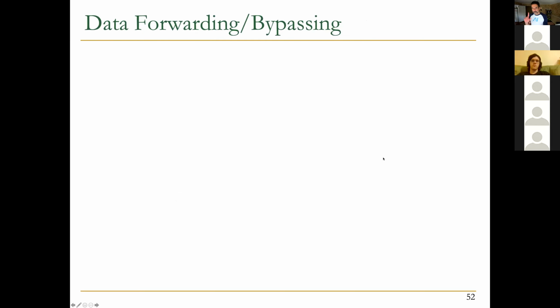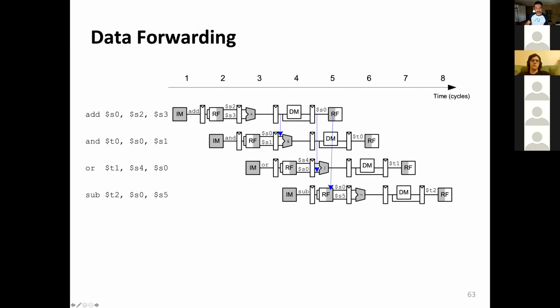And before we go on, to make it clear how this will happen, to remind you, in this case, the add result, the value of S2 plus S3, will be generated at T3 and become available at 4.